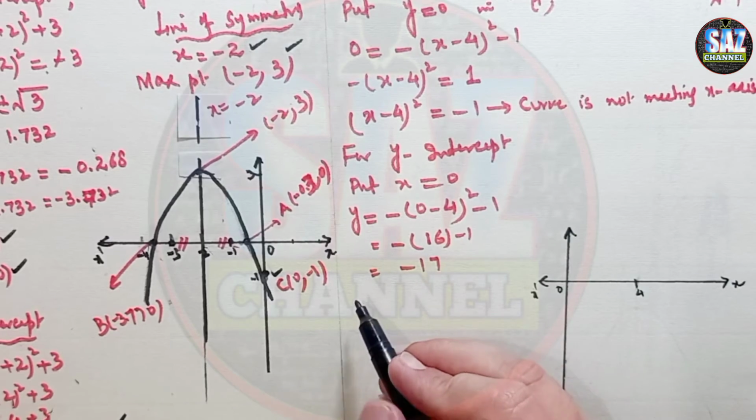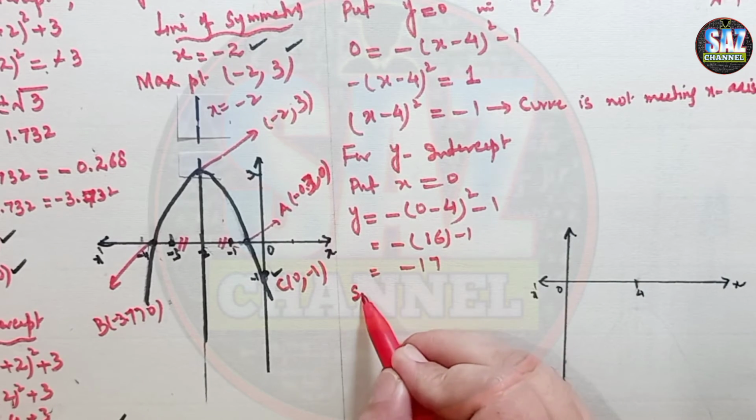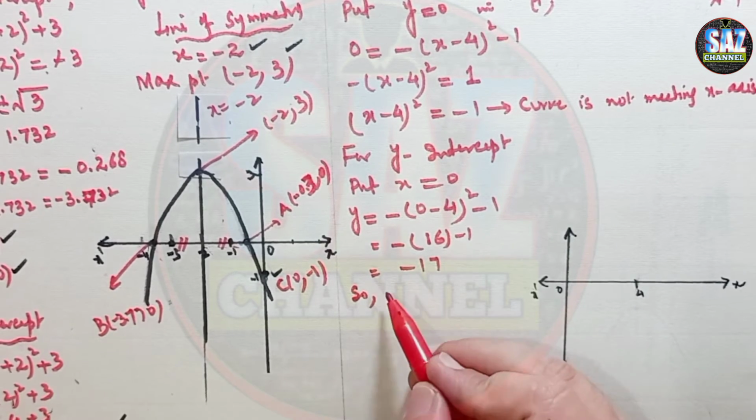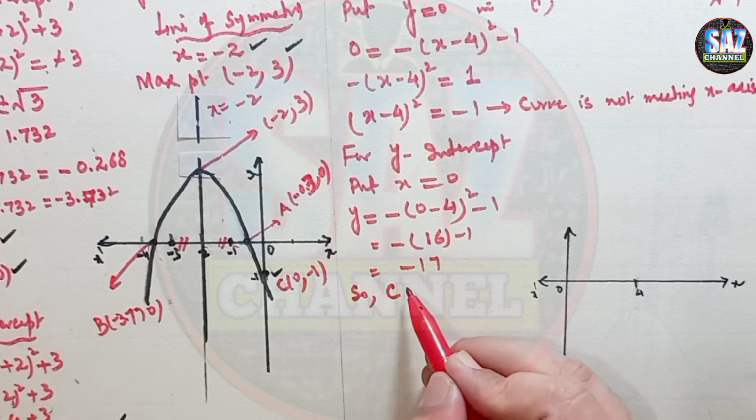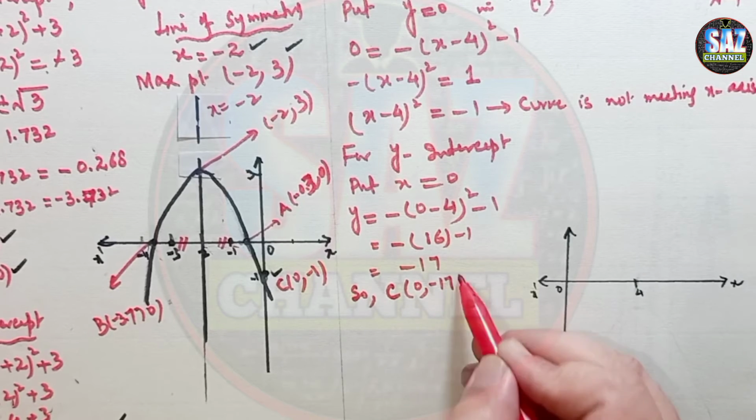So the y-intercept, or the point on the y-axis, is C, or whatever you want to call it, 0 with minus 17.